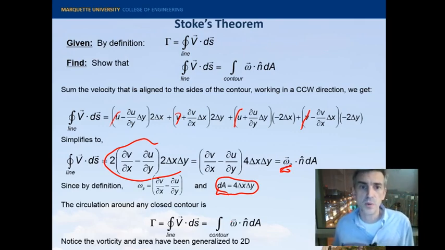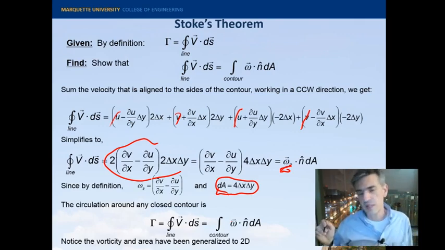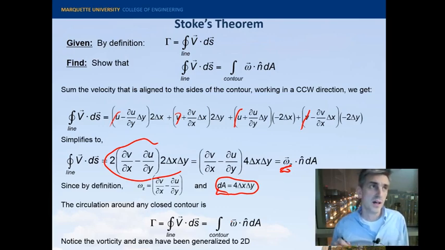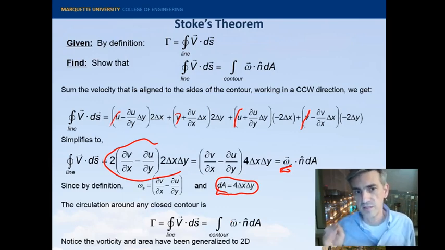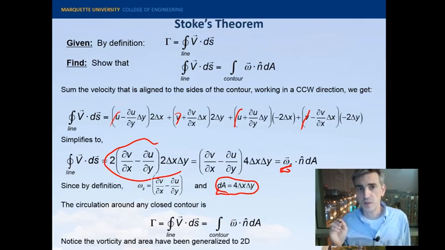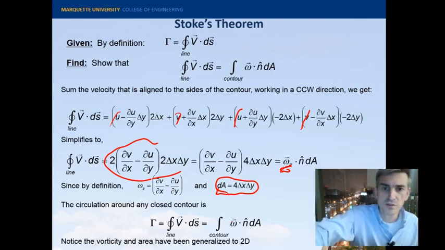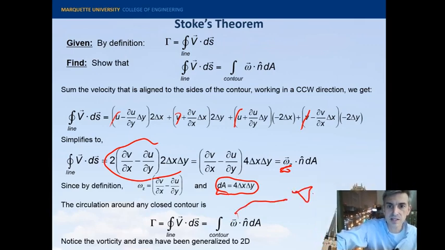All right, so we just showed that this is exactly equivalent to this, so we'll generalize this to any 2D coordinate system: the circulation, the closed line integral of v dot ds, is equal to del cross v, which is the vorticity, dotted with the unit normal dA. So don't forget, if you look this up online, a lot of times you'll see this listed as del cross v, right?